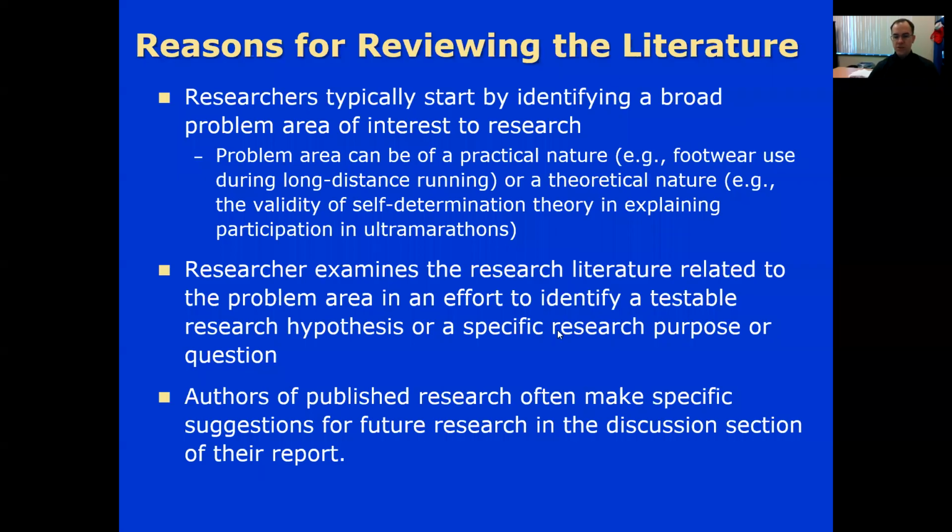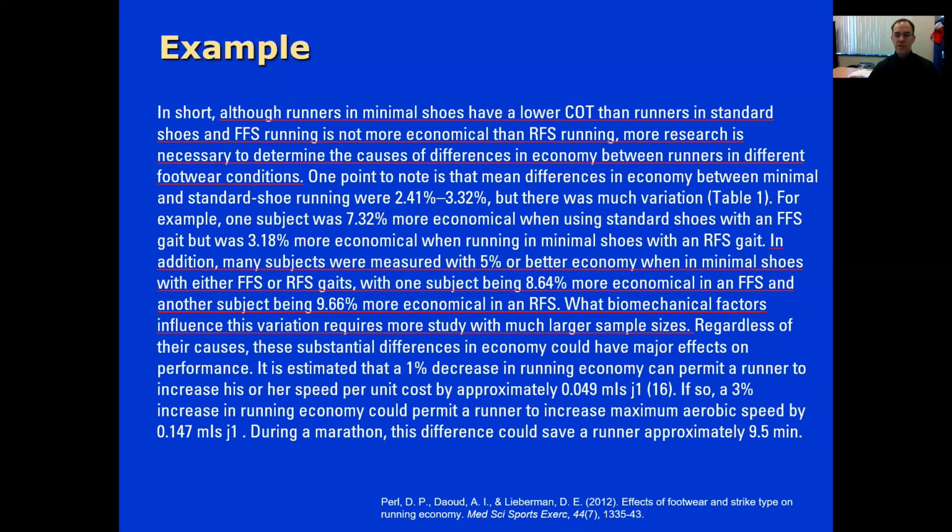Let's take a look at an example of what suggestions for future research might look like in a manuscript. Here, in the underlined portion, are examples of further research that the investigator has identified.